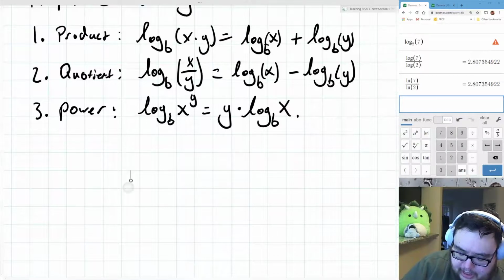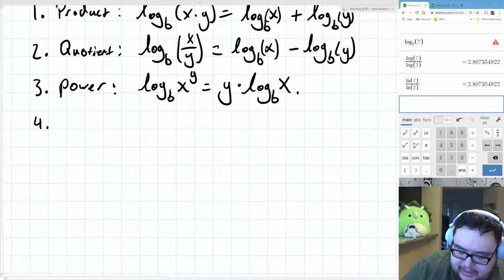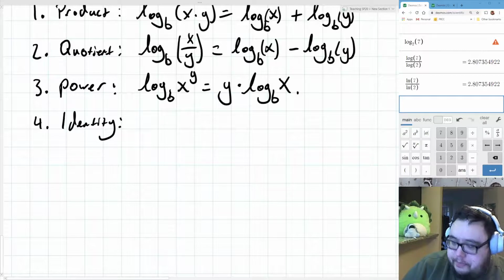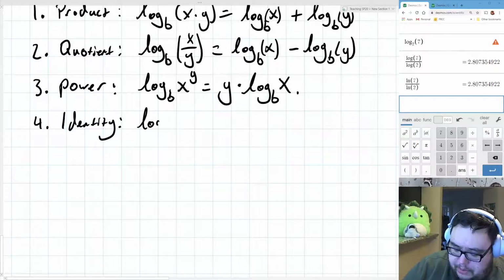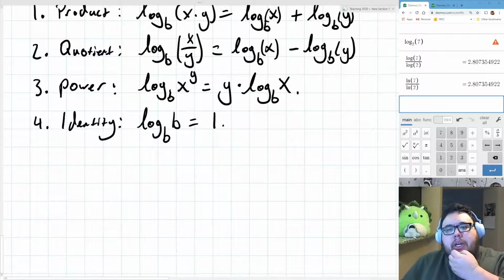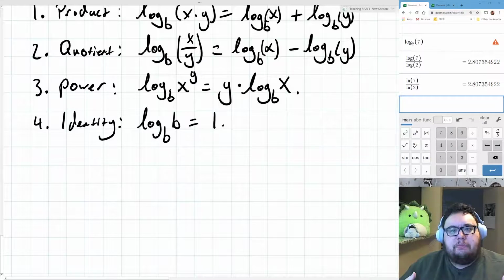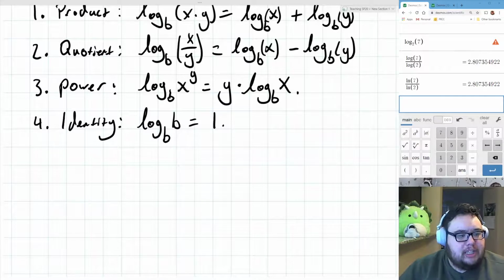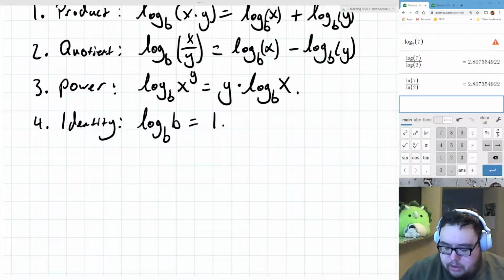We also get an identity property, which is that log base b of b is equal to 1. So in some sense, when you're taking log base b of something, it asks what power do I have to raise this base to get the number inside my argument, right?